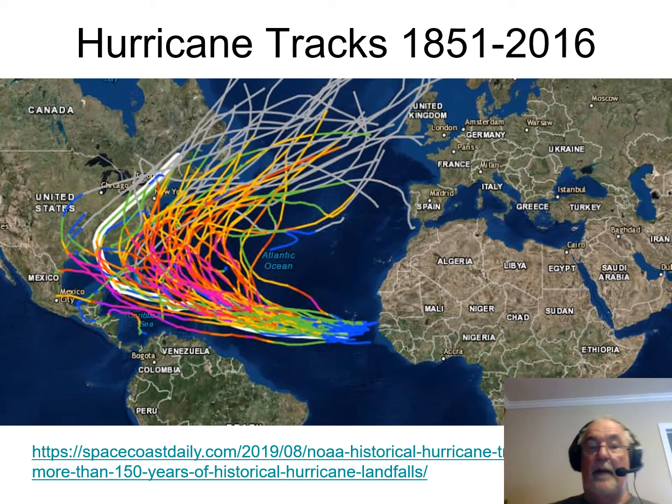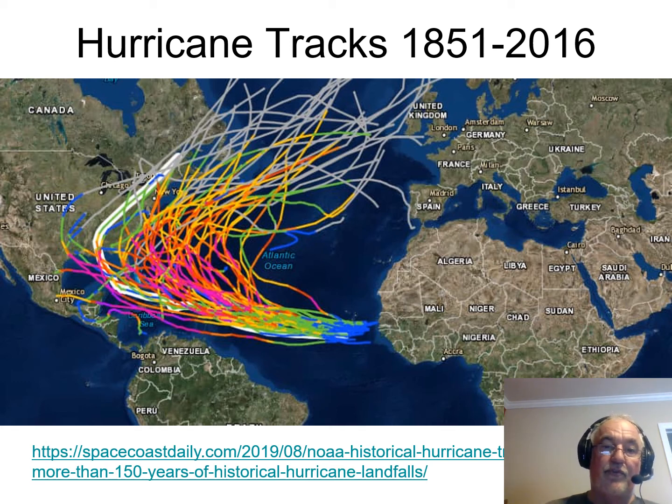Here's our typical pattern of our easterly waves developing into tropical storms ultimately, and then hurricanes, and taking a path like so. This is the path that hurricanes have taken from 1851 to 2016. Basically, they move from the east towards the west.